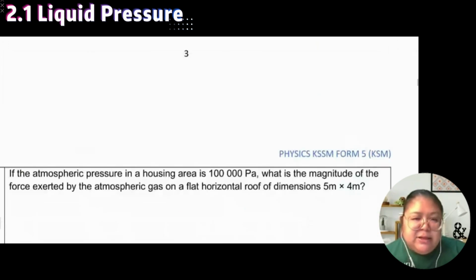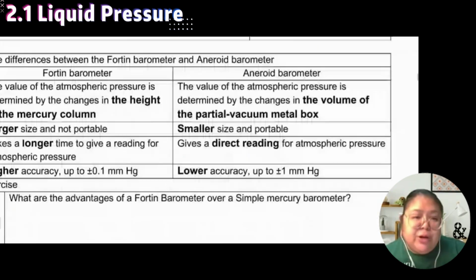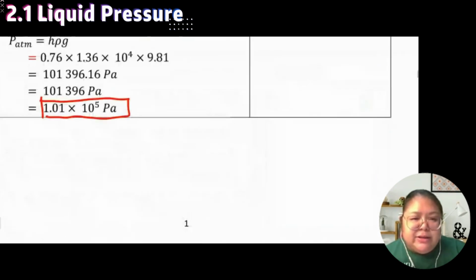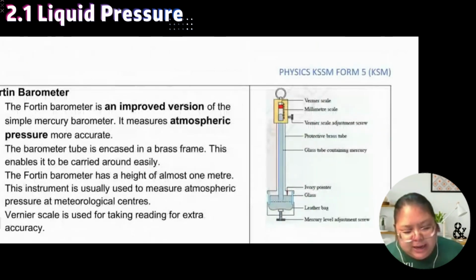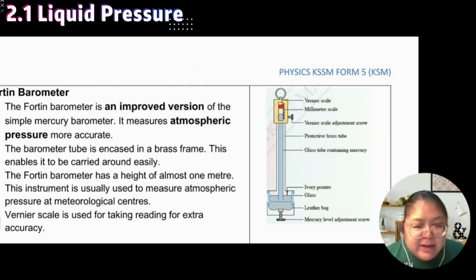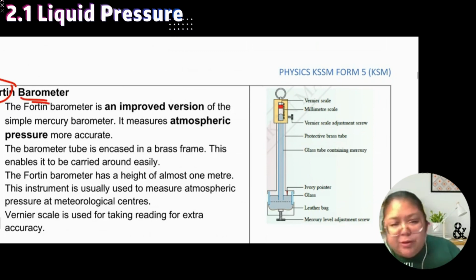Just now we learned the mercury barometer. Now we go and see another barometer. Anytime you see a barometer, they are one family, used to measure atmospheric pressure. So from here, the Fortin barometer is better than the mercury one. Why?